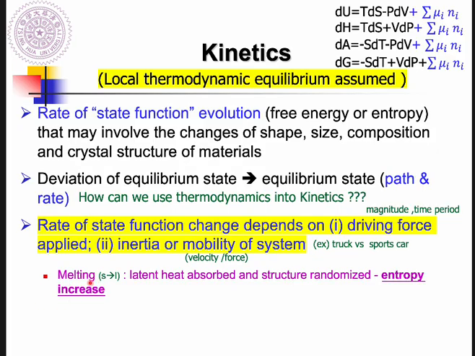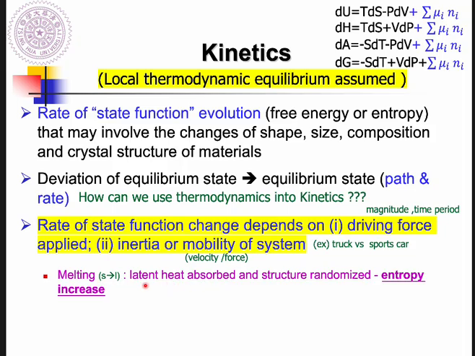The first one is the melting process. For example, I have ice cubes, and when you heat them up, the ice cube will melt into water. So the phase changes from solid to liquid.